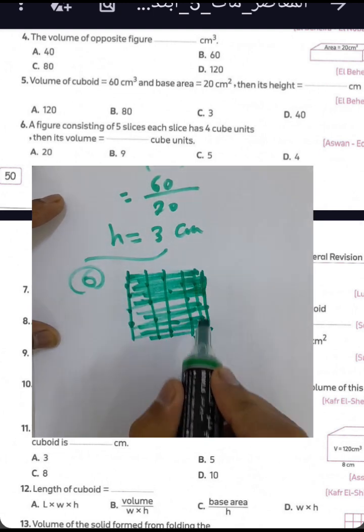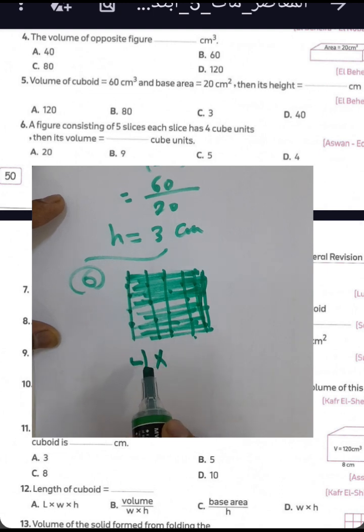We have 4 multiplied by 5 to find the volume.